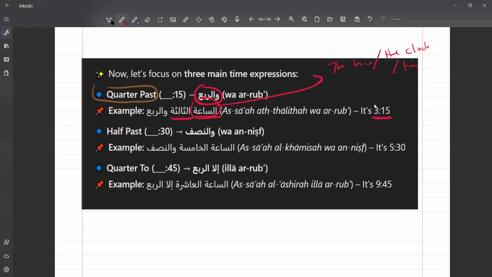In this case, it's 3. So we will say as-sa'a as-salisa. Because in place of 3, when we tell time, we say as-salisa. As-salisa means 3 while telling time in Arabic.